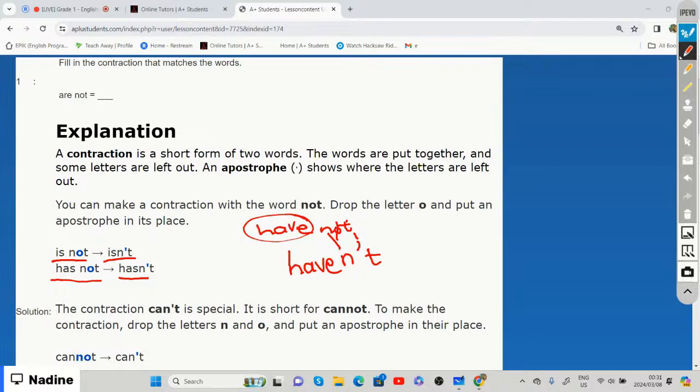So have not, haven't. All right, so we say have not, has not, is not, right? And these are all contractions, and these are all negative contractions.